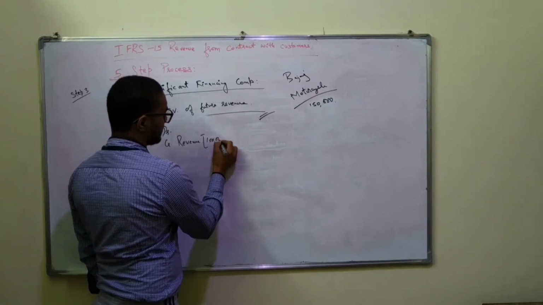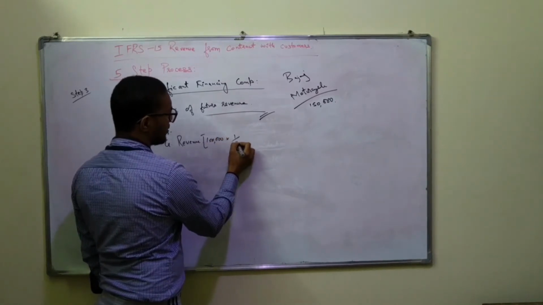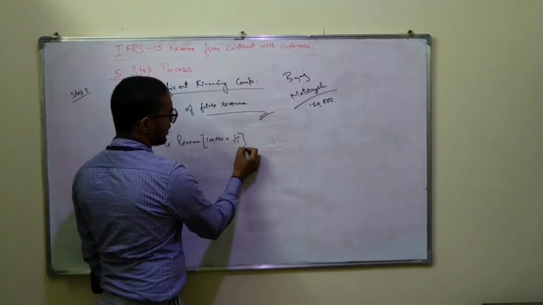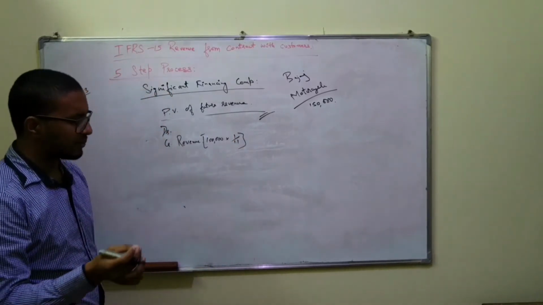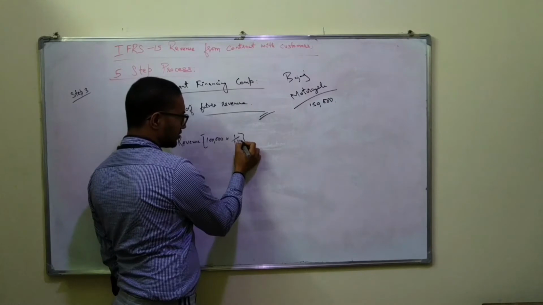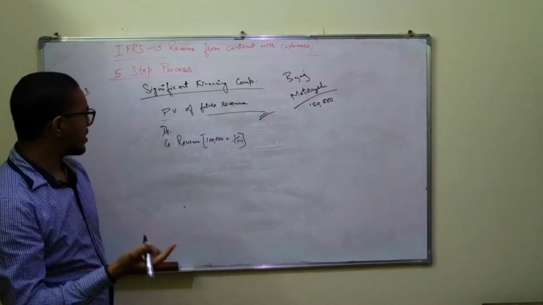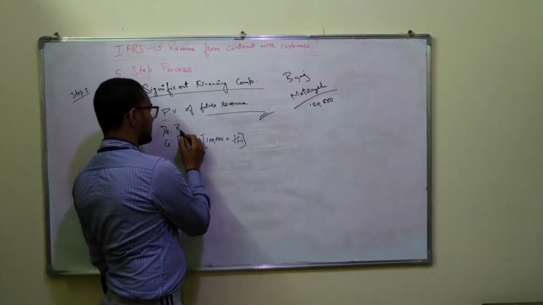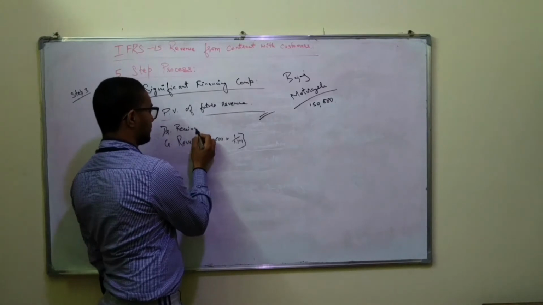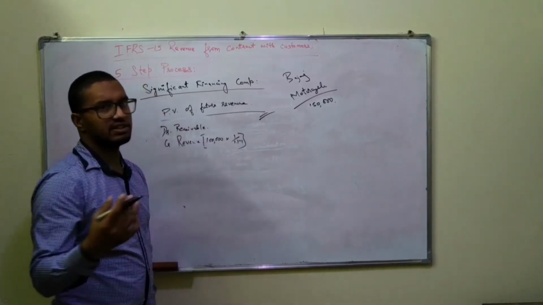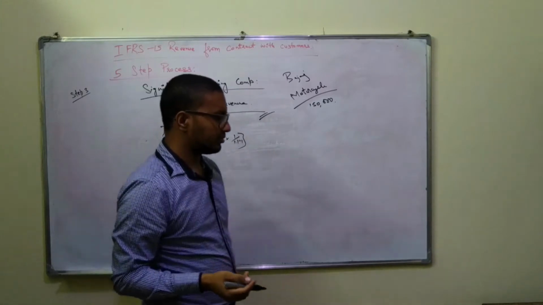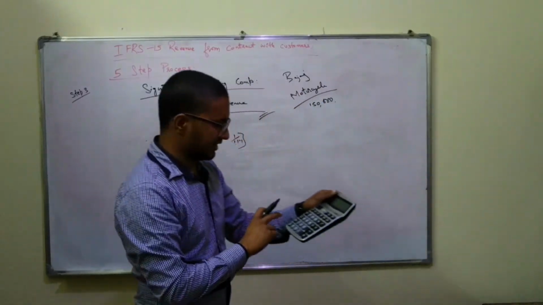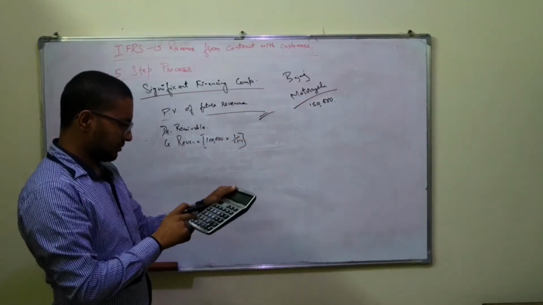Suppose the discount rate is 10%. So it will be 1 divided by 1.1 to the power 1, because you are receiving it after 1 year. The debit would be receivable, as you still haven't received the money yet. The present value would be 150,000 divided by 1.1.